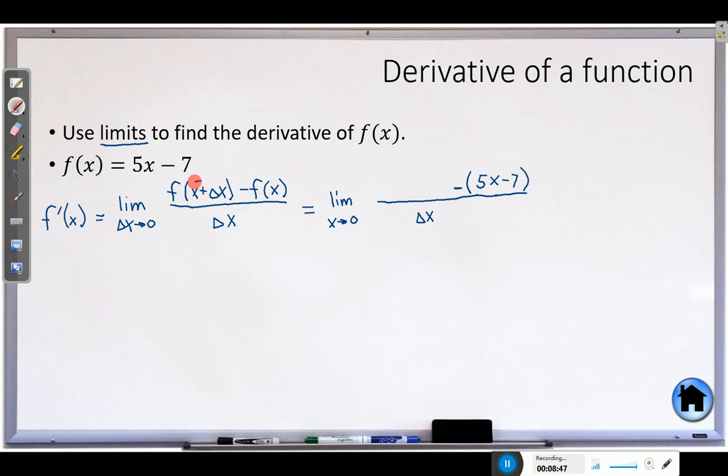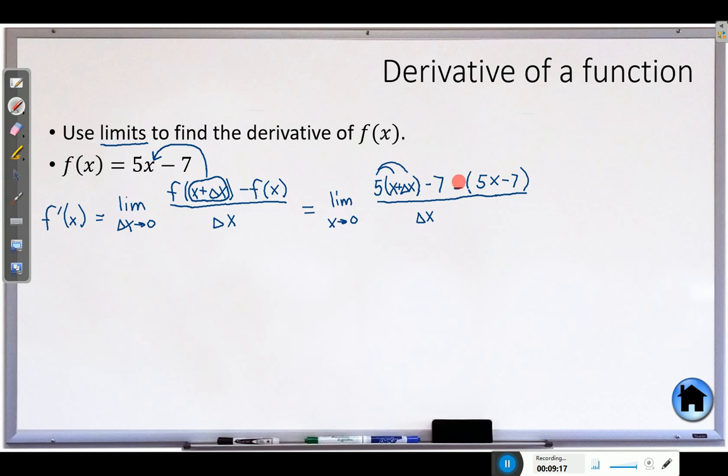I have to take this, that is the input, which means all of that is going in for x. So we're going to have 5 times the input minus 7. What is the input? x plus delta x.